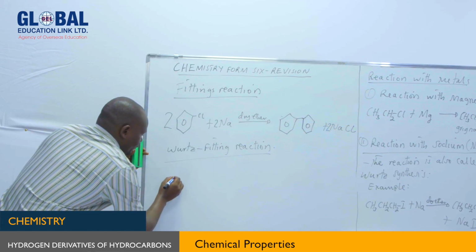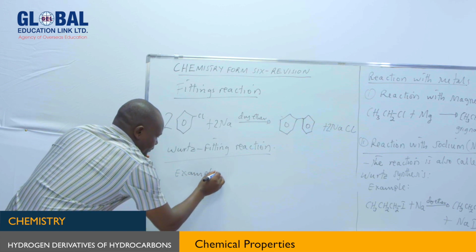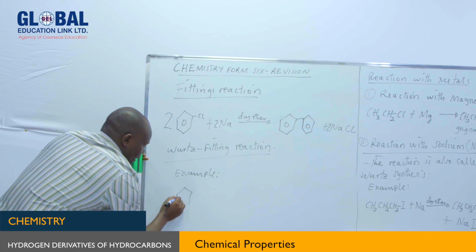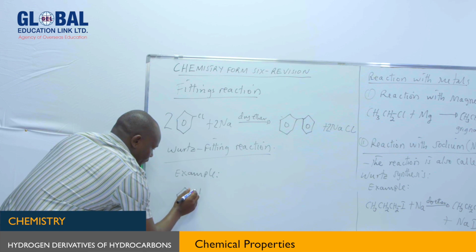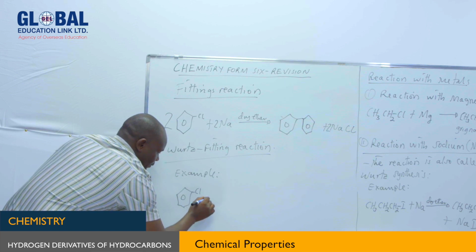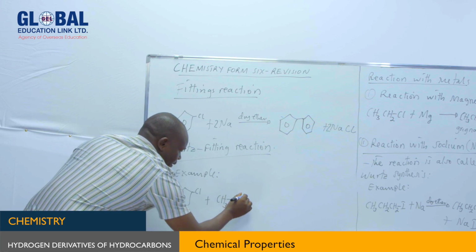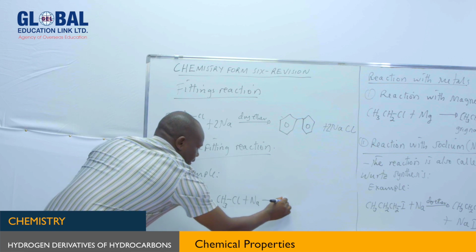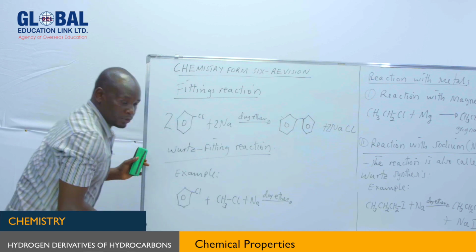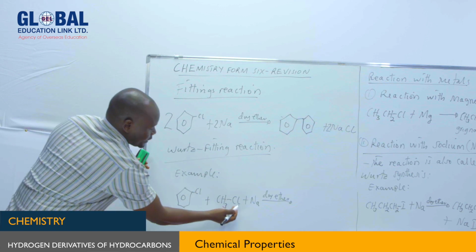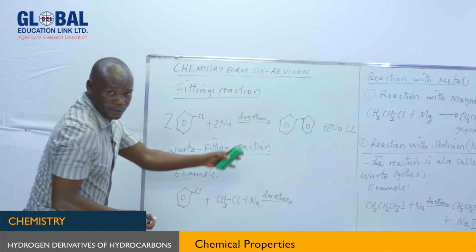So here, taking an example of the benzene ring with chlorine, or chlorobenzene, being treated now with, let's say, CH3Cl, then with sodium, but the condition is dry ether. So this is Wurtz and this is Fittig. Combining them, you have the Wurtz-Fittig reaction.